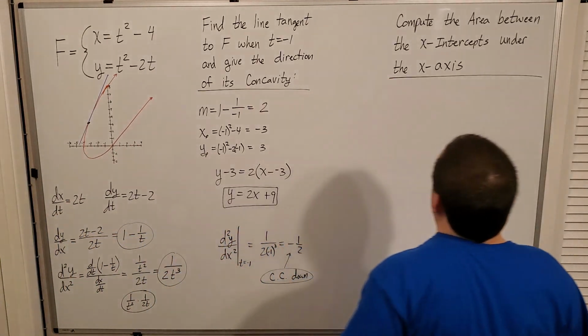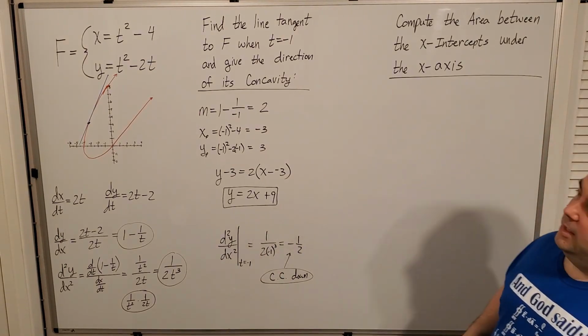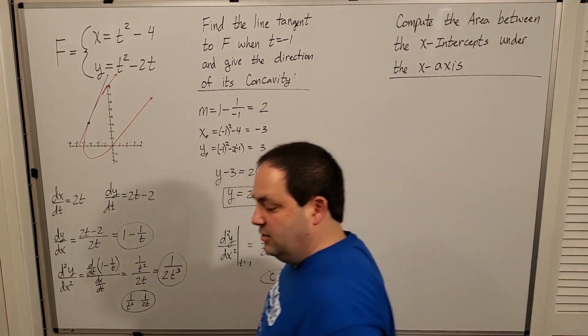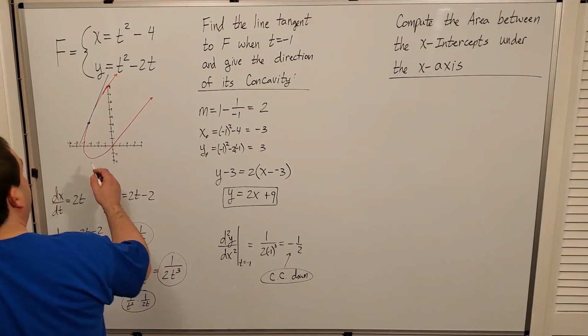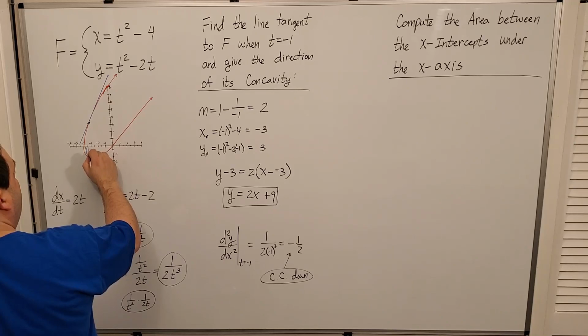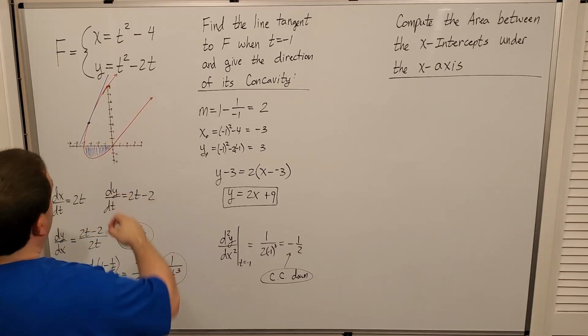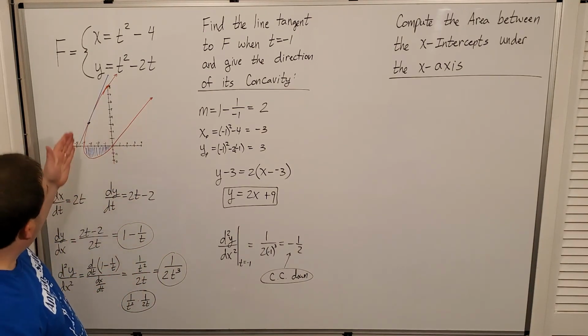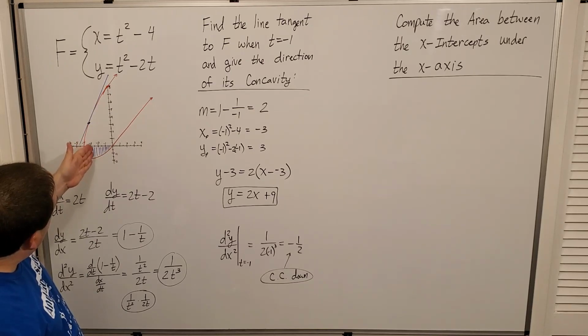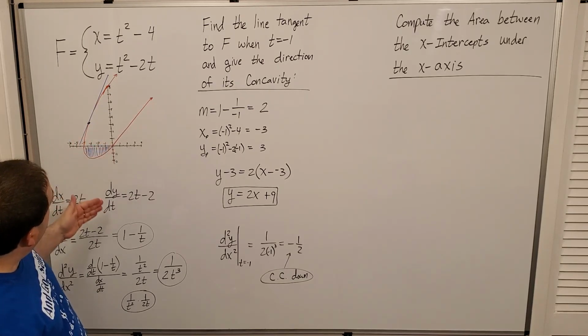Next, compute the area between the x-intercepts and under the x-axis. So we're looking at the area underneath here, right? We're going to be adding up values here. And I drew the lines in that direction on purpose because notice it's going to be easier to do the integral by letting x count from point to point.